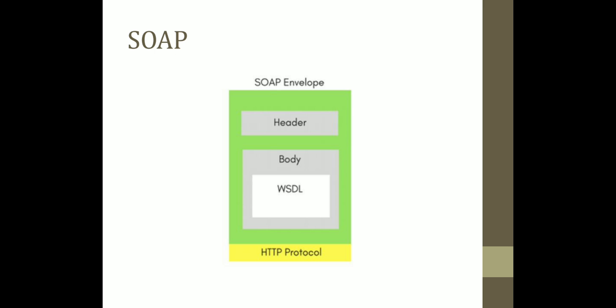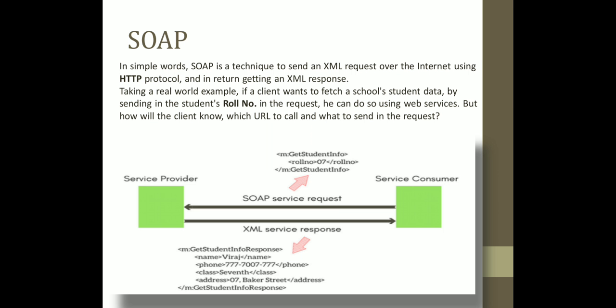Among the advantages provided by web services, it provides WS security, is language and platform independent, and is XML based. In disadvantages, it is a little bit slow and WSDL dependent.